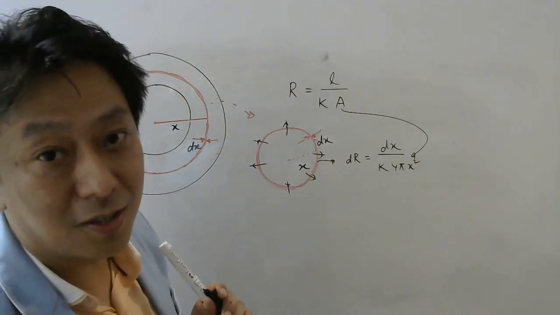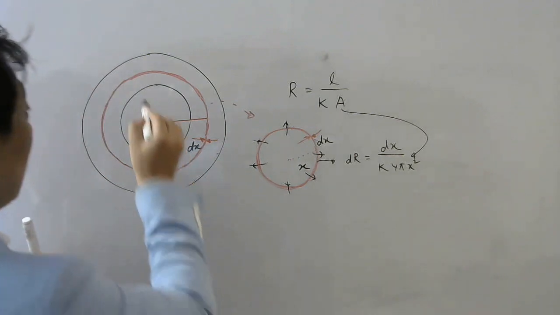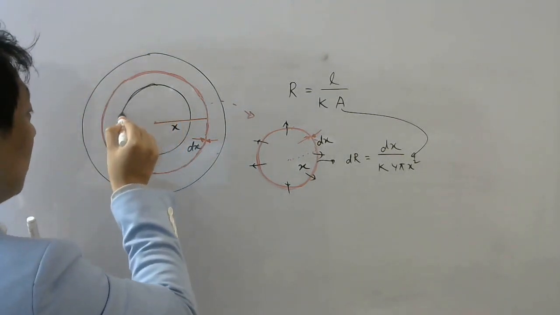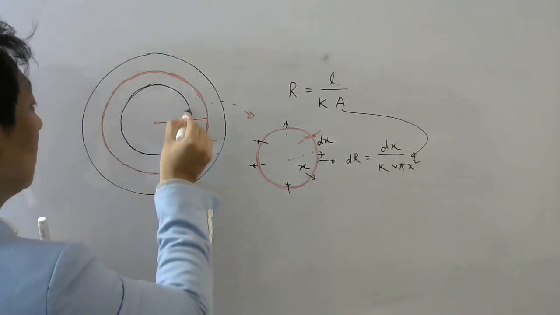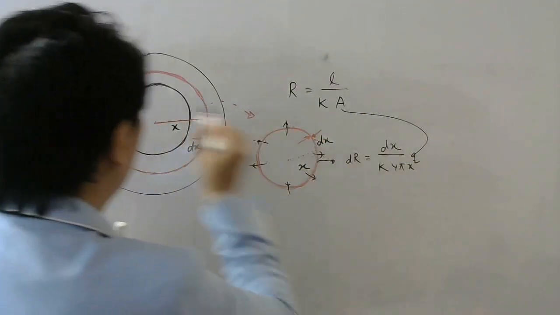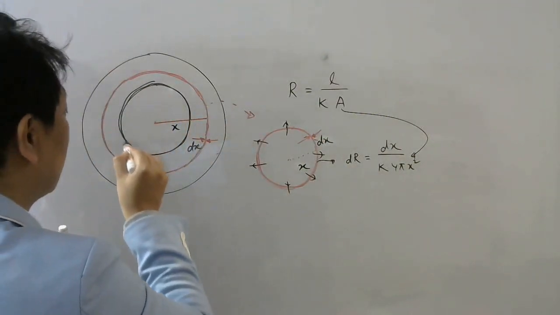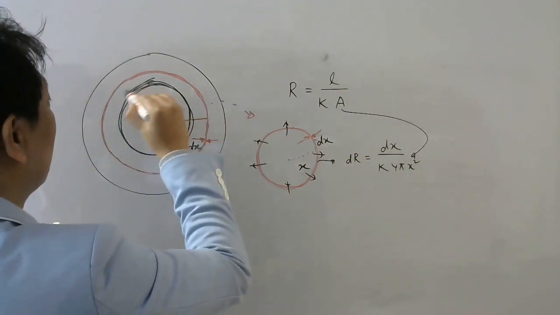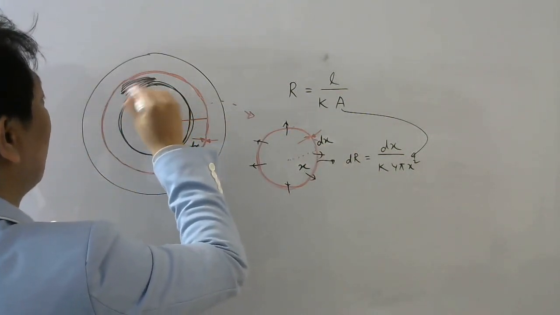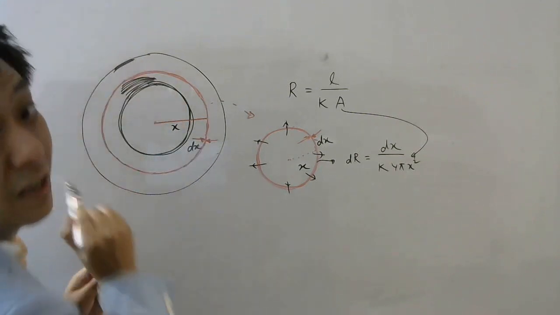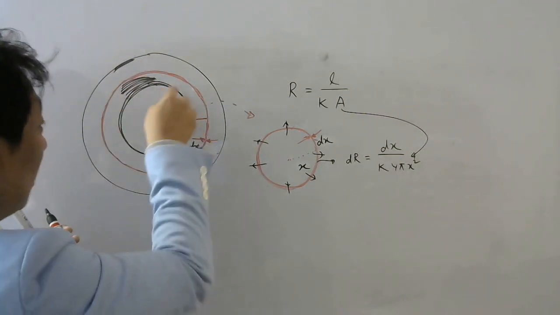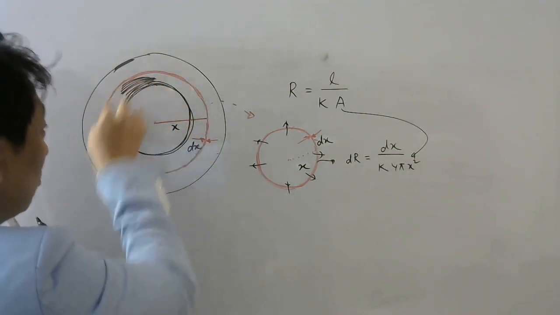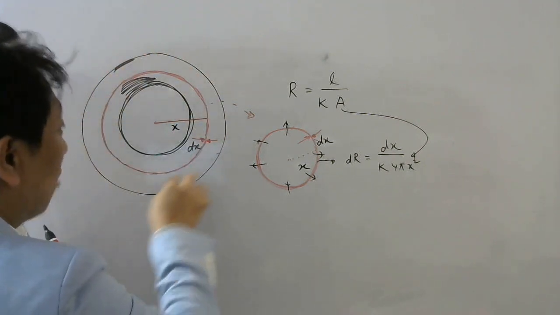Once we know the resistance of this thin shell, what can I do? I can start from this shell, write the resistance. Then I can go to the next shell, write the resistance. Then go to the next shell, then next shell, next, this way till I reach this outer shell.